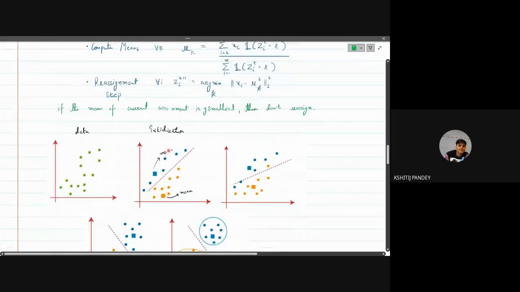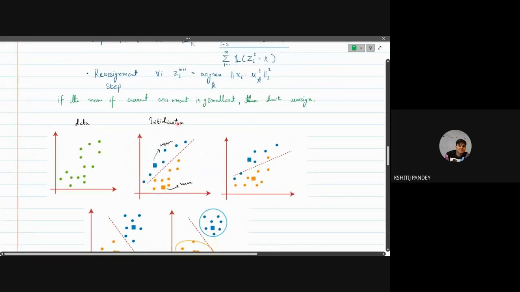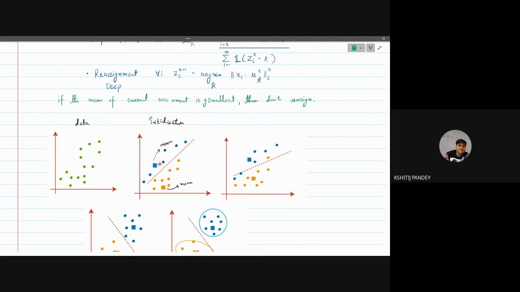Now we'll calculate the distance of each point with the mean of cluster 1, that is, we'll calculate this distance, and we'll calculate this distance. If the distance of the current assignment is smaller than this distance, then the point stays in the present cluster.